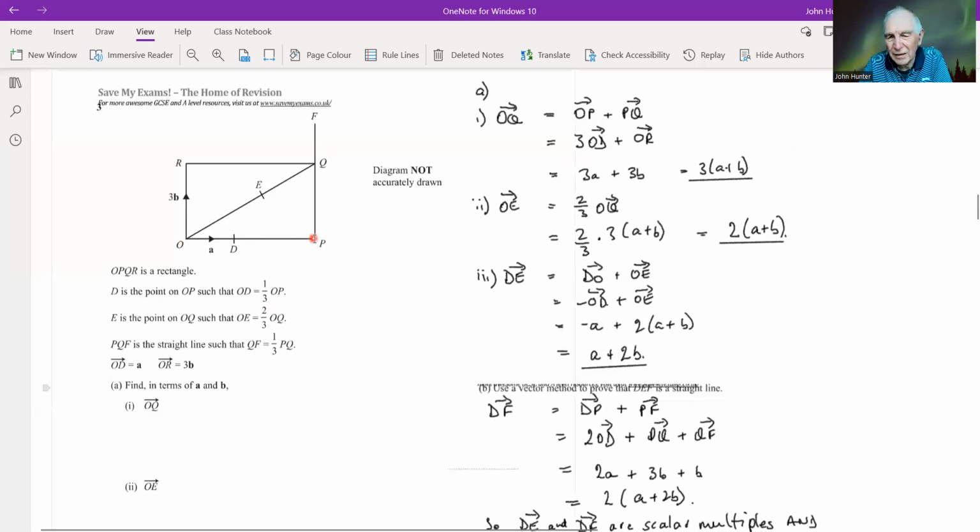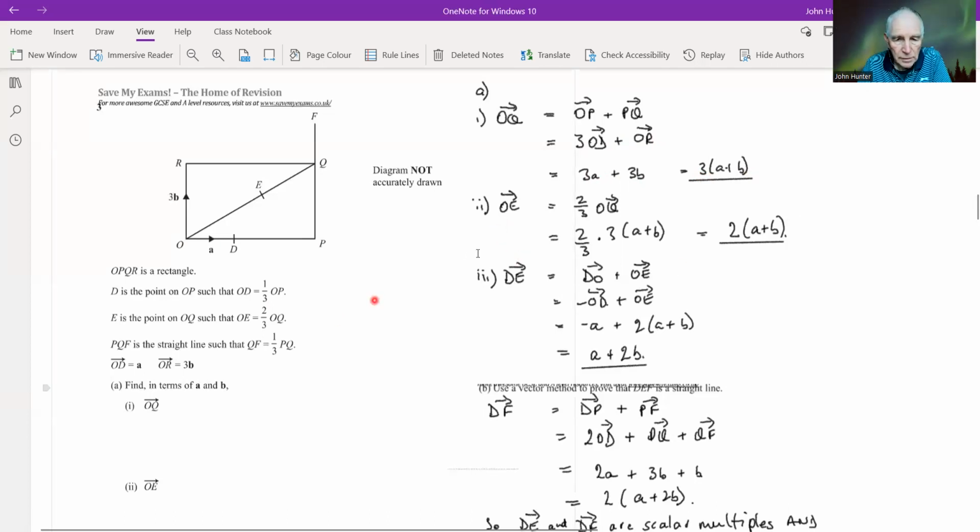It's 3 times the length in the same direction, so that's 3 OD. And the other thing is, because PQ and OR are the same length and parallel, they have the same vector value. So let's use OR instead. Now we've got OQ in terms of things that we have a value for. So that's 3A plus 3B. So OQ equals 3 into A plus B.